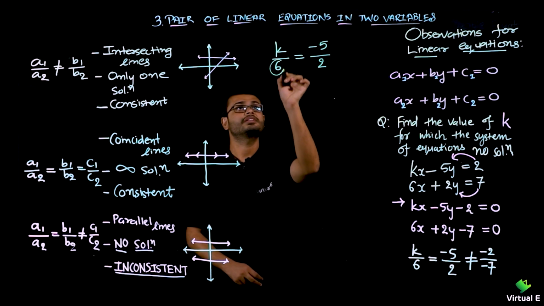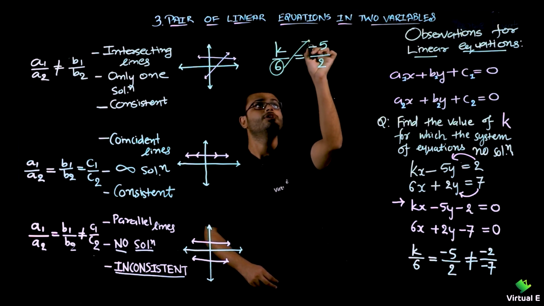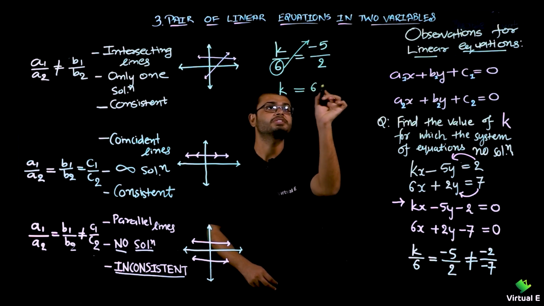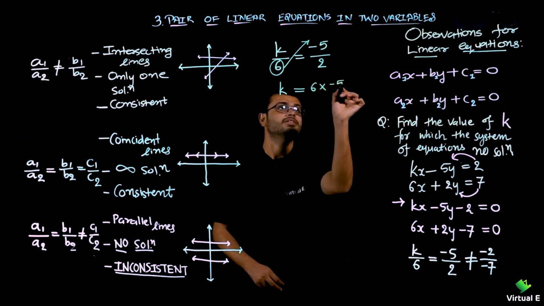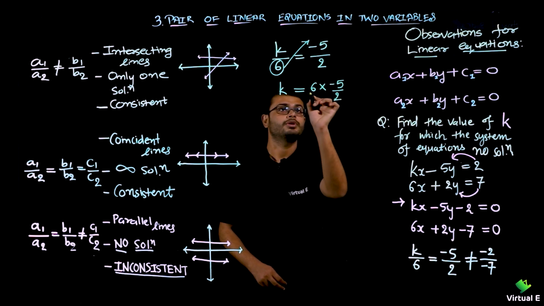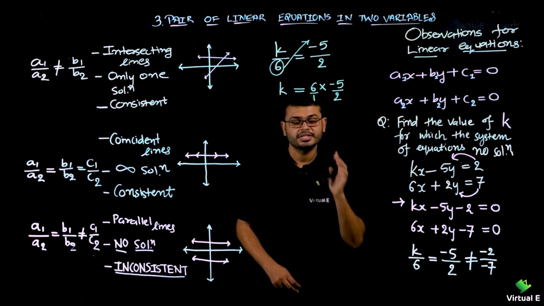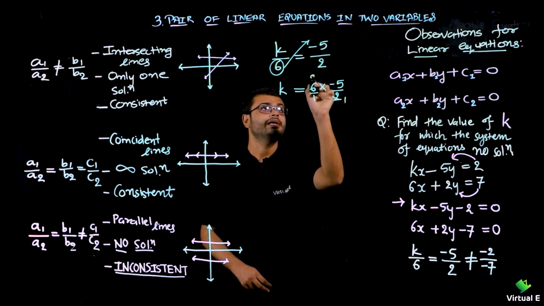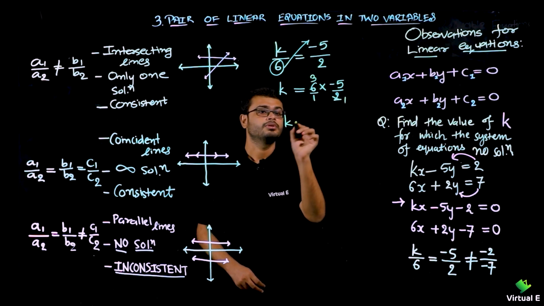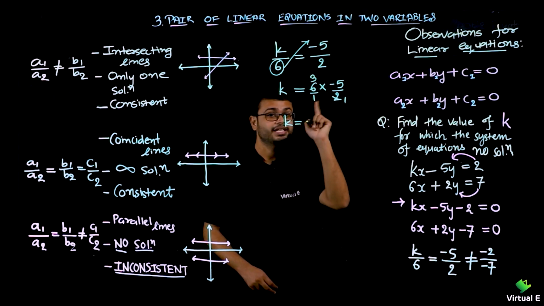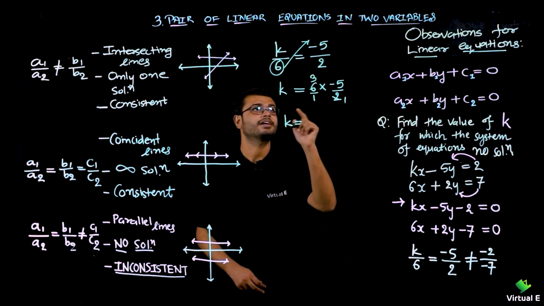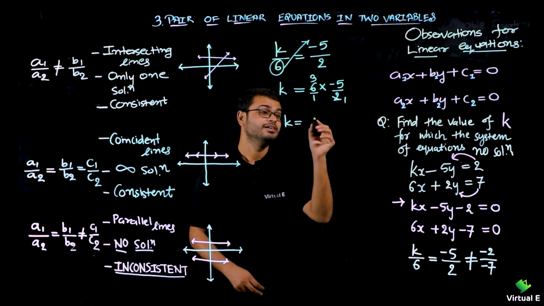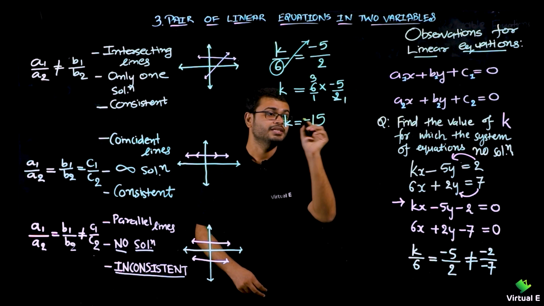I will be shifting this number 6 to the numerator. So what's left? k is 6 multiplied by minus 5 over 2. You can write 1 in denominator for your understanding. 6, 2 twos are 6, 2 ones are 2, and here 3 fives are... So k is equal to, don't forget this negative sign. It's easy to forget it. Yeah, you are going to get the wrong answer. 3 fives are 15 and minus sign.